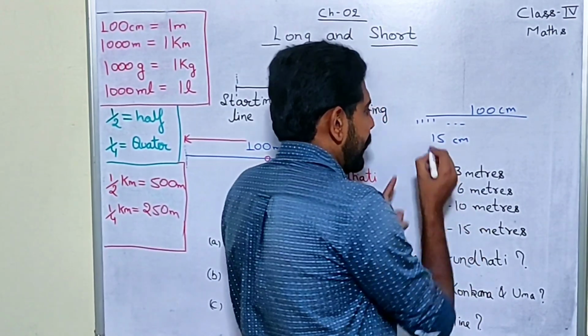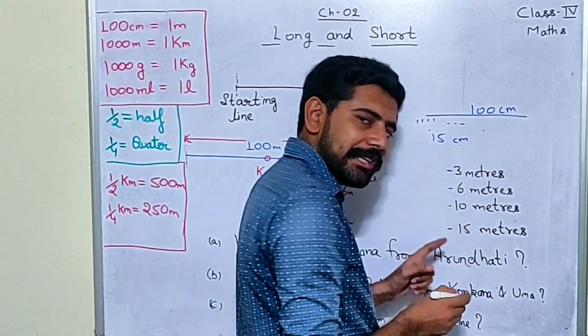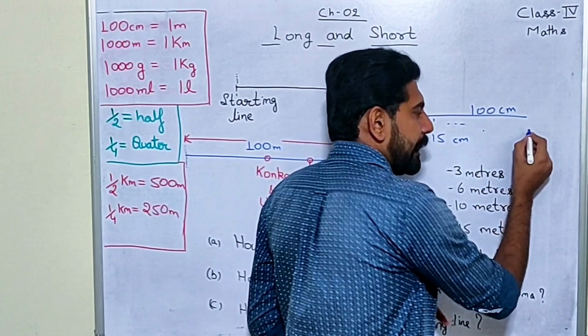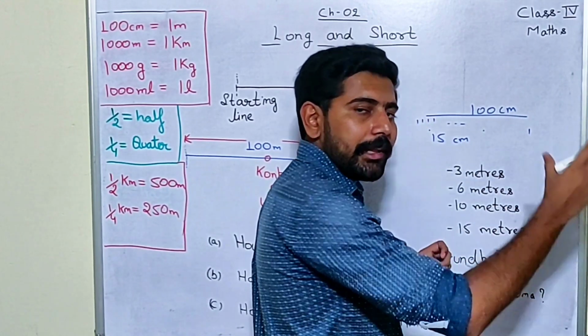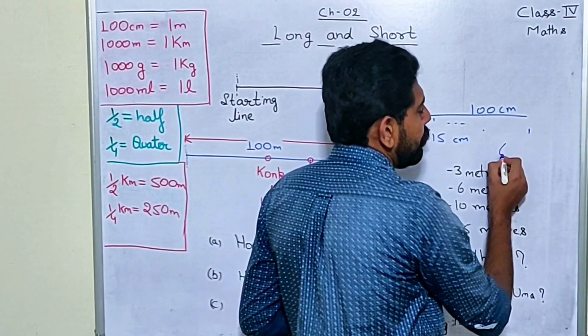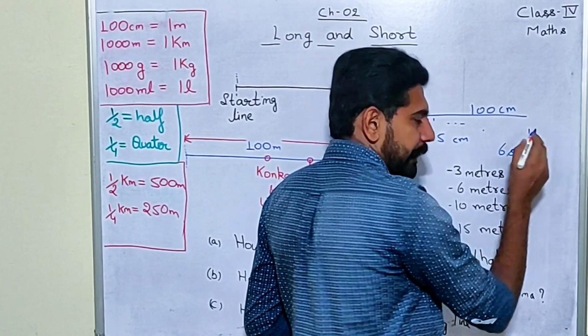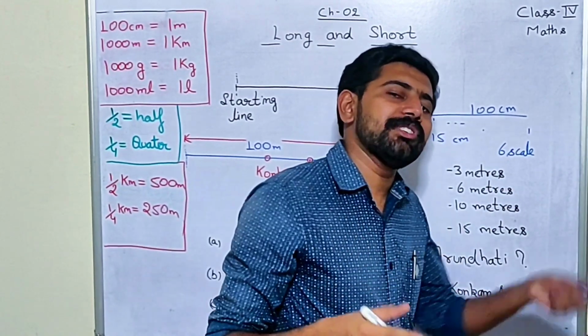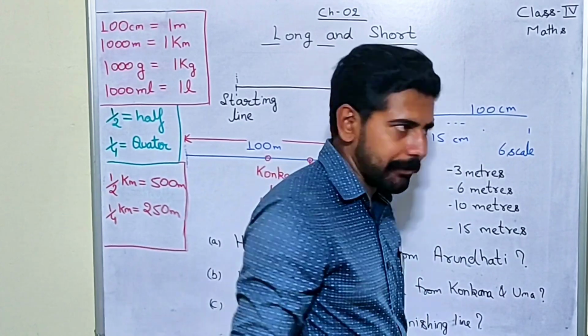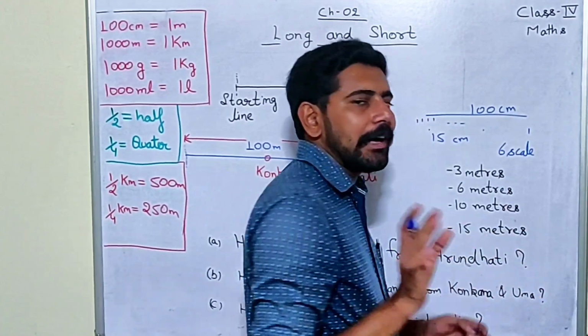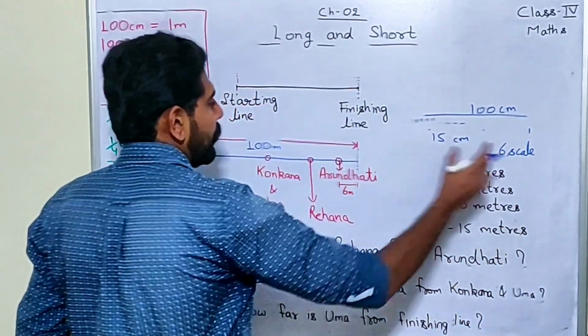So we can mark from here to here 15 centimeters. Then from here again we can use the scale. Similarly, like this, we can use 6 scales completely, and then 10 more centimeters from the next step. Then we can get 100 centimeters of length.